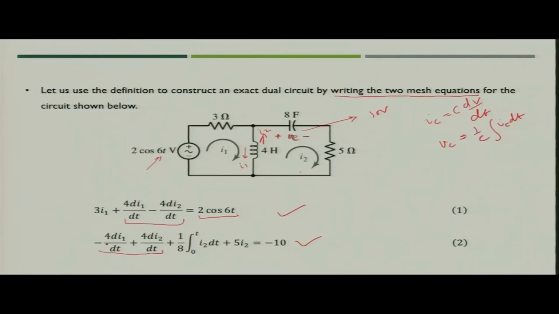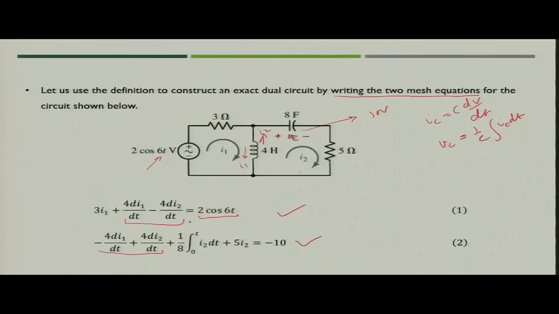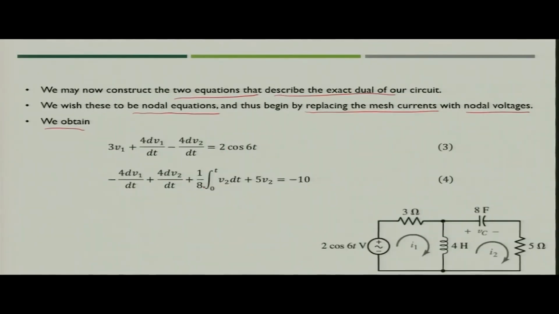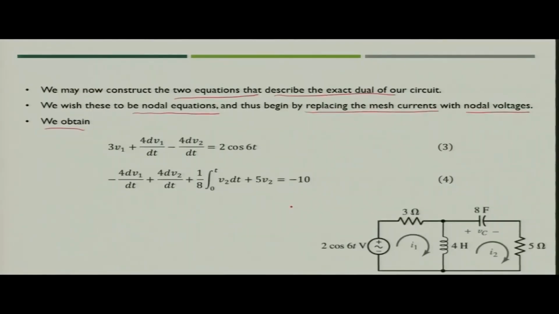And then minus 4 dV1 by dt plus 4 dV2 by dt, since I1 is replaced by V1 and I2 by V2. And then 1 upon 8 integral 0 to t of V2 dt plus 5 V2 equals minus 10. So, now we have got the two equations for nodes.